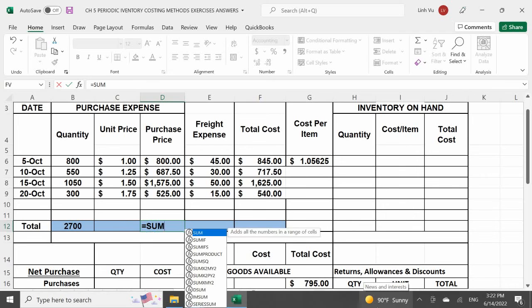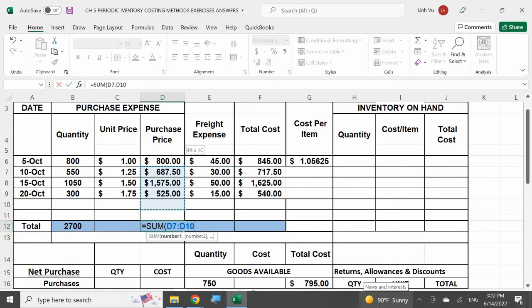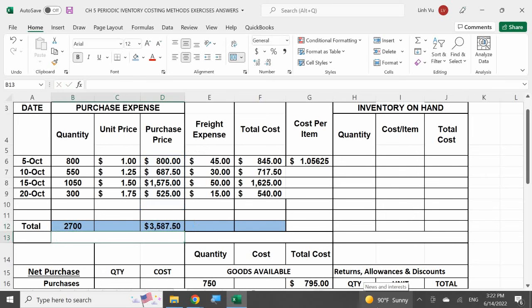And what was my total purchase price? 3,587.50.